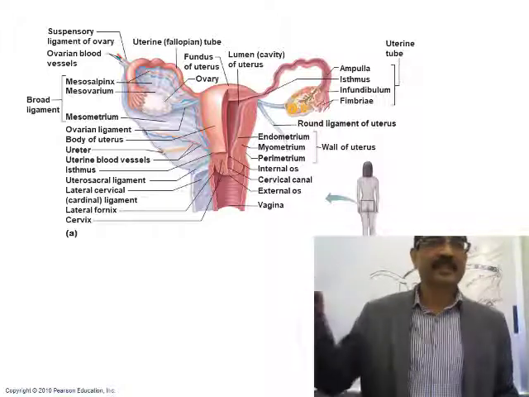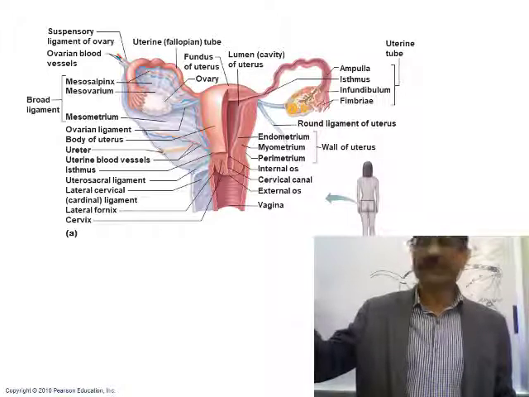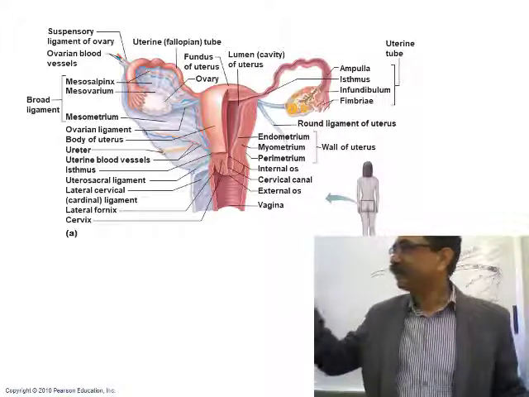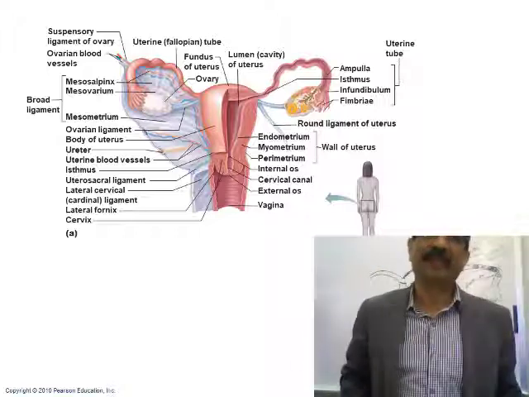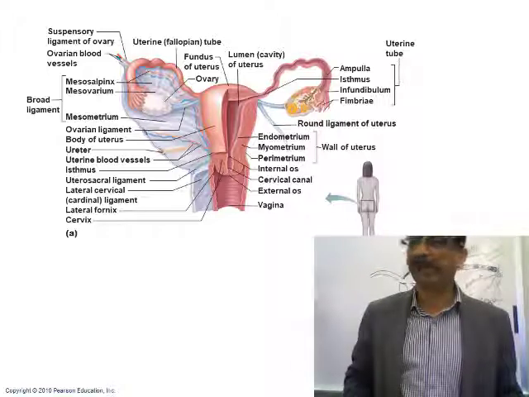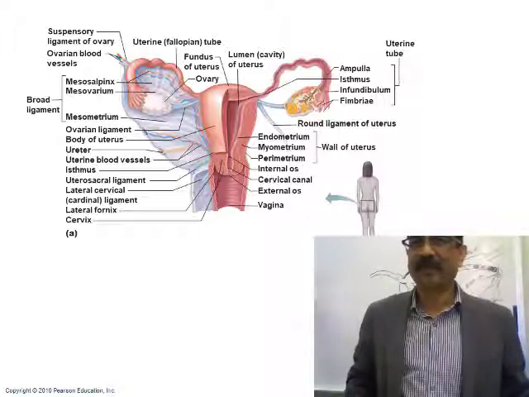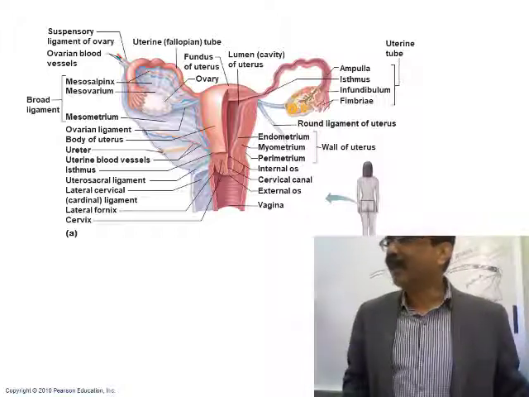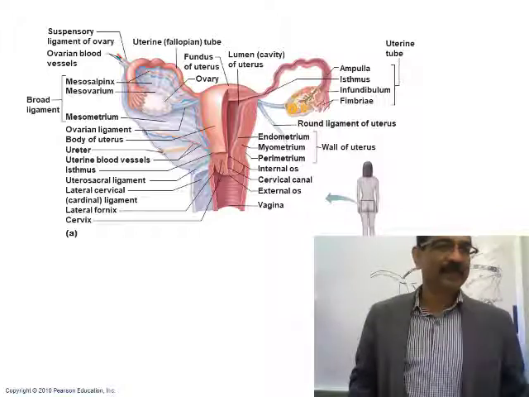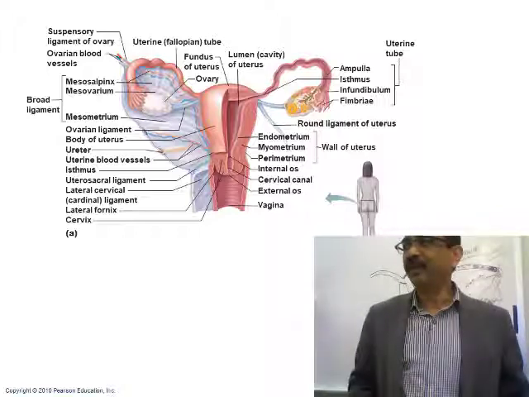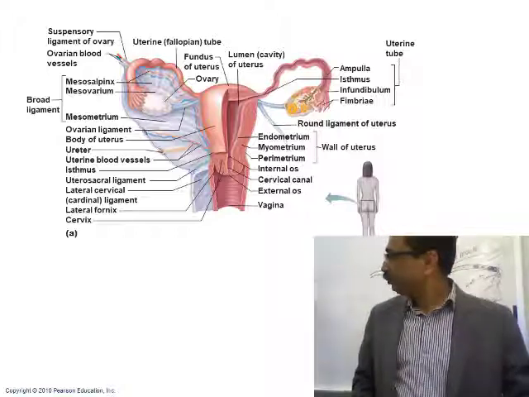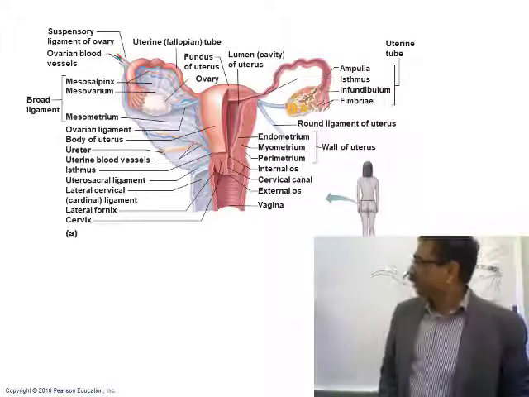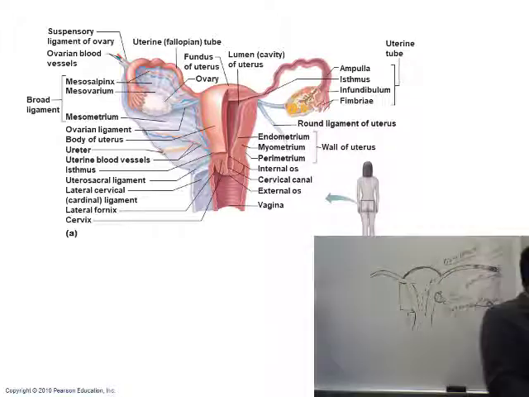The uterus gets angry and destroys the bed, and that is called menstruation, destruction of the bed, and the destroyed things come out from the body. But if your friend comes, then you'll keep the bed, right? So the uterus will not destroy the bed if fertilization occurs. Okay, that's the story.